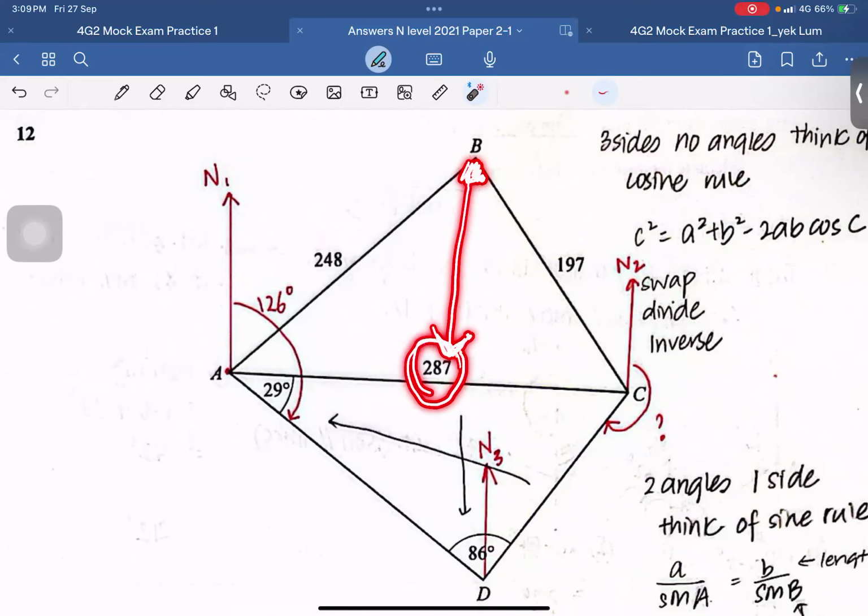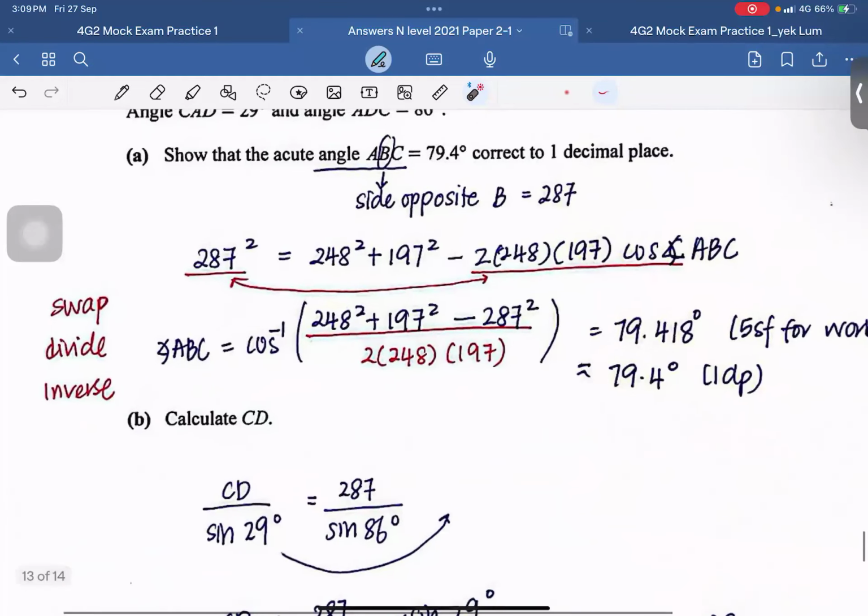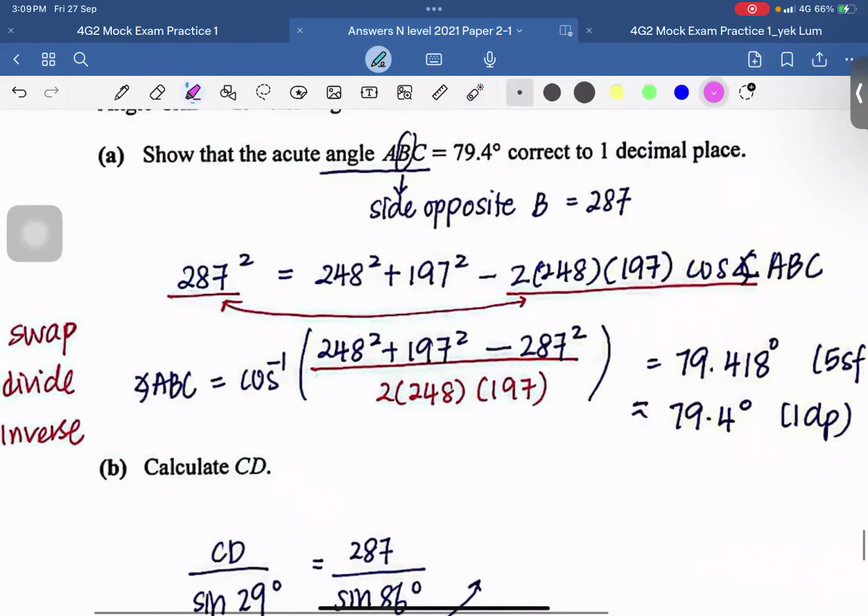So if you start with this side, it will be 287 square. C square equals A square plus B square minus 2AB cosine C. So this is my cosine rule. See, I start with the side opposite the angle.